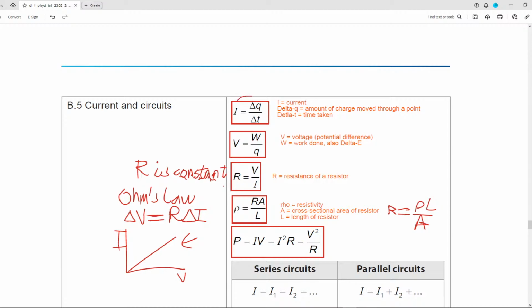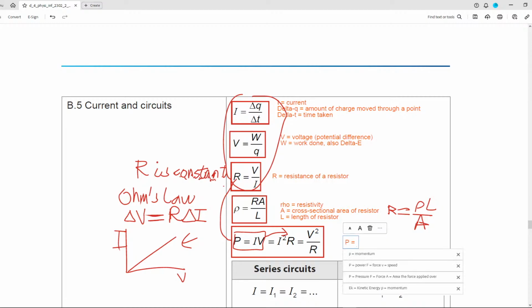But if you combine these three together and plug into power, you get these two for free. Here, power is just I times V. P is power.